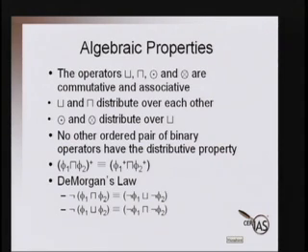However, no other ordered pair of binary operators has the distributive property. The algebra also has other properties that allow us to rewrite a term into another equivalent term. In particular, the algebra satisfies De Morgan's law.